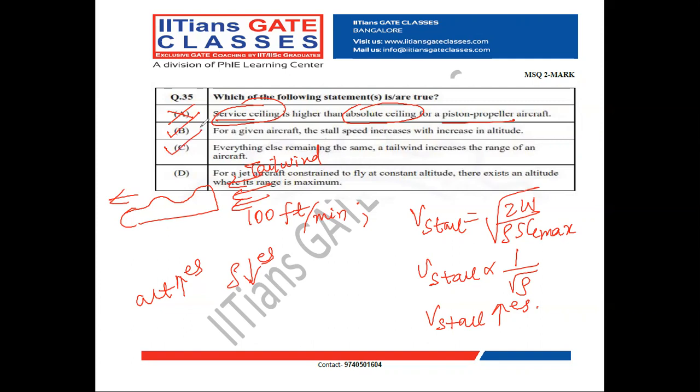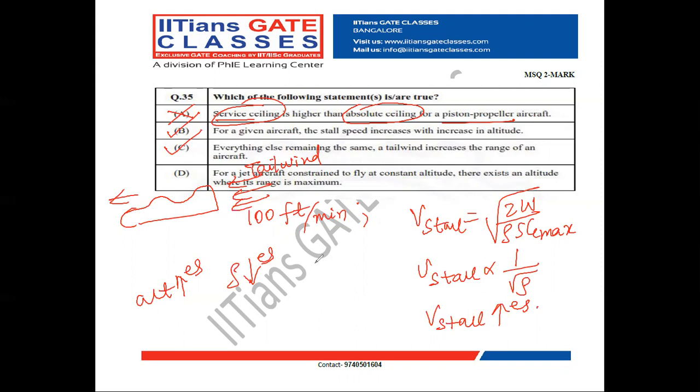Option D. For a jet aircraft constrained to fly at constant altitude, there exists an altitude where range is maximum.